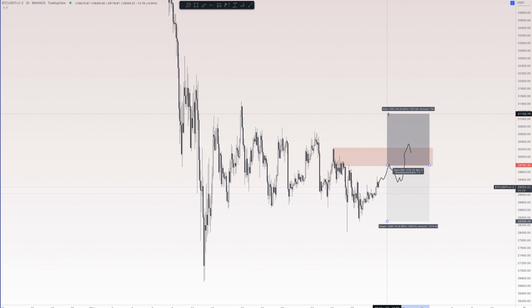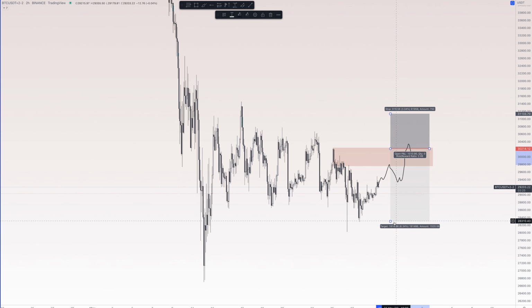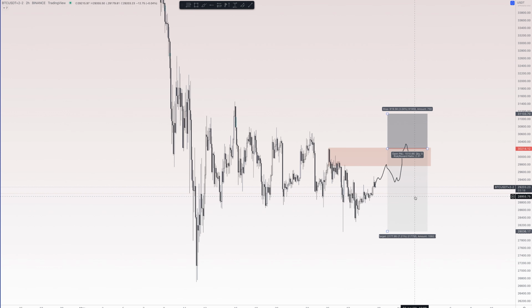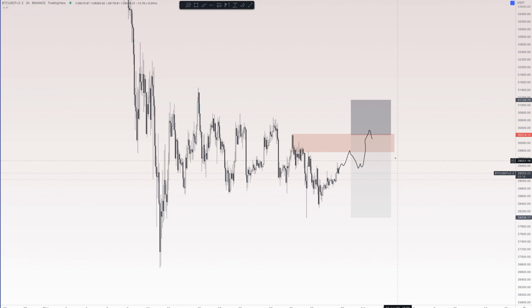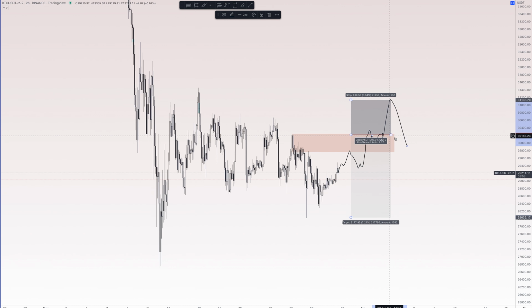So I'm waiting, taking this supply here, and then we'll just keep the target for now. Let's go a little bit lower. The RR isn't great, but that doesn't really matter for now. So the entry gets hit and we get stopped out again because we're very, very bad traders. Stopped out again. What is the amount we lose?